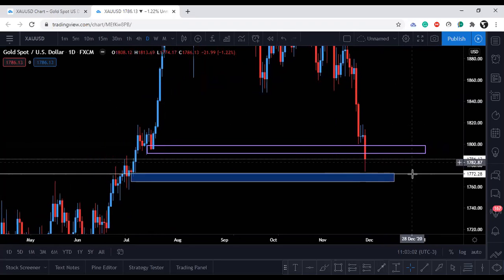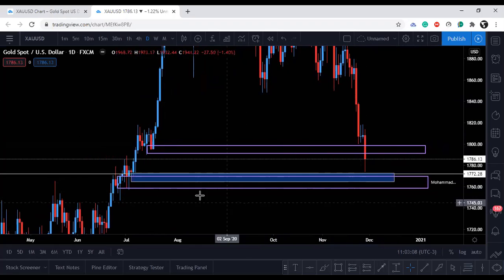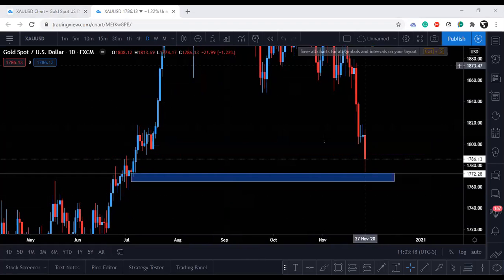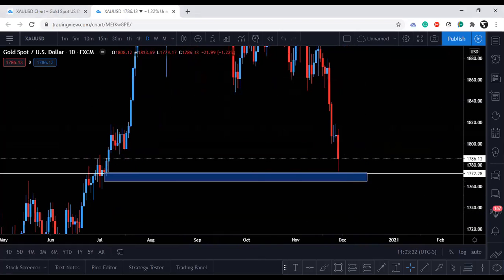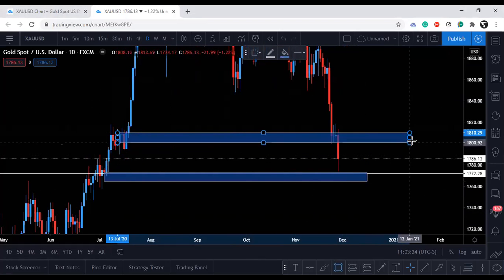The other support we have is this one right over there. So right now, price respects this level of support. On the high side, we have this level.